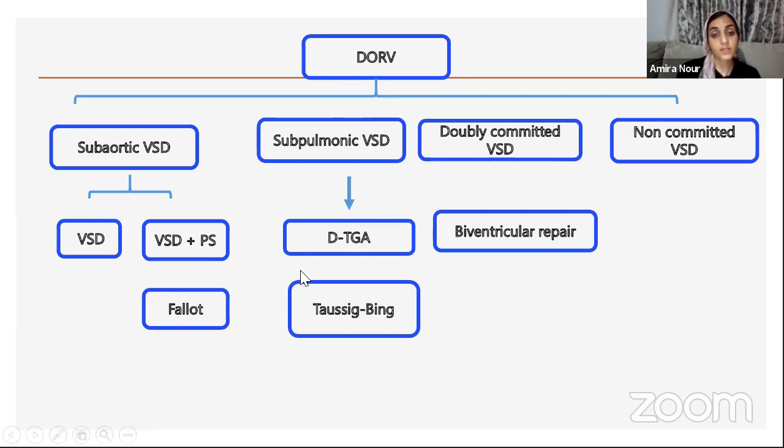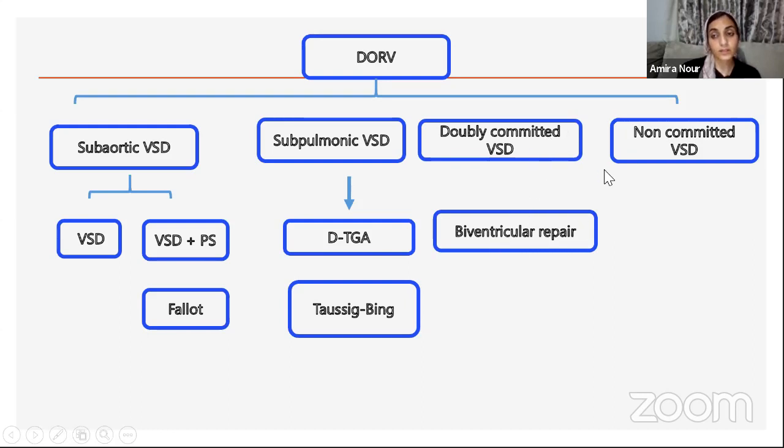A patient with DORV subpulmonic VSD will also be managed with a surgical approach close to that of a patient with DTGA. And if a patient has a doubly committed VSD without pulmonary stenosis, we will just close the VSD or tunnel it to the aortic valve, or if there is pulmonary stenosis or pulmonary obstruction, we will try to make an RV to pulmonary artery conduit.